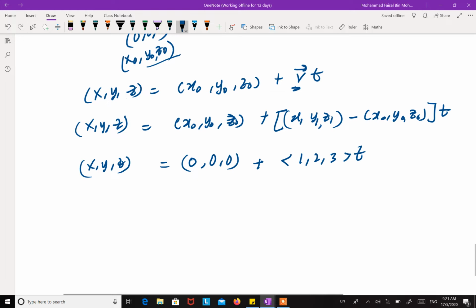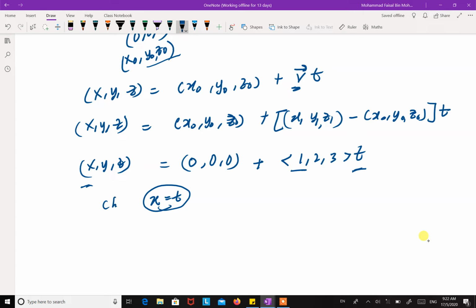Okay, so now you have to choose your limit t. To find this, we let x equal to t.